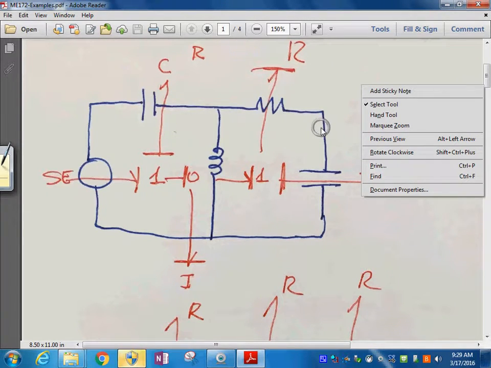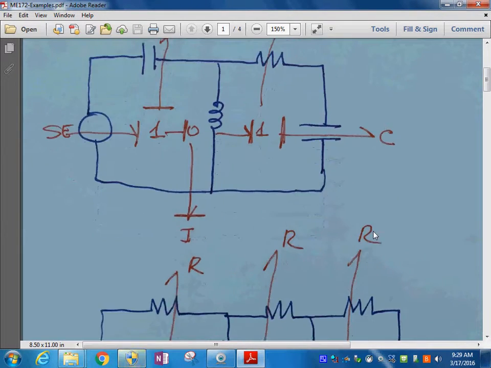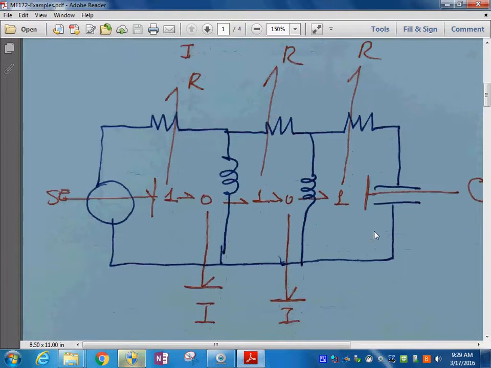Let's take a look at another example in here. Here you have the circuit, which is more complex, and so in here you have this.